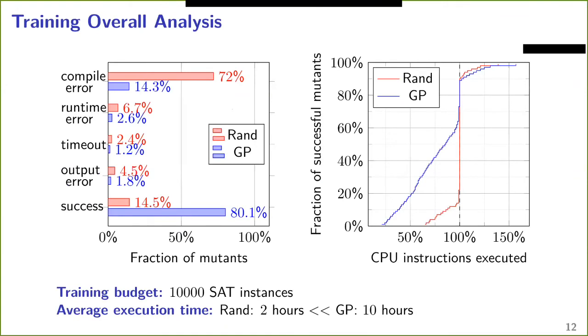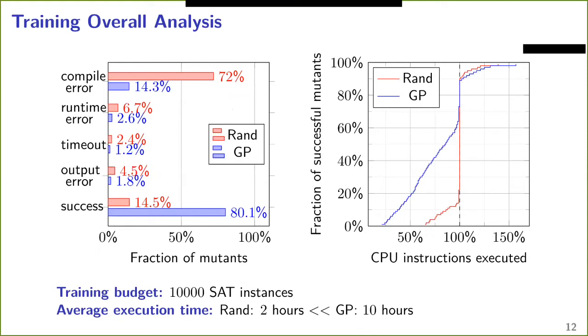So for the training budget, we use 10,000 SAT instances, for which the random approaches use on average 2 hours, and the GP approaches use 10 hours. The reason for that is, as you can see on the graph on the left, many of the generated software in the random approaches simply do not compile.